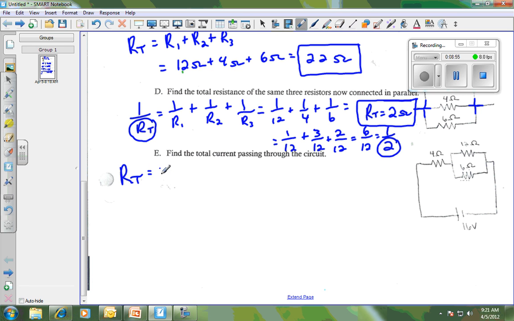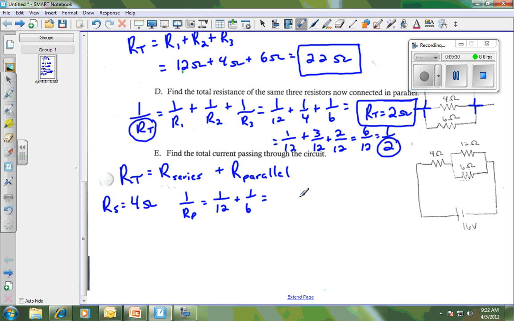So the total resistance is going to be the resistance in series plus the resistance in parallel. The resistance in series is equal to 4 ohms. There's only one of them. 1 over the resistance in parallel is equal to 1 over 12 plus 1 over 6.